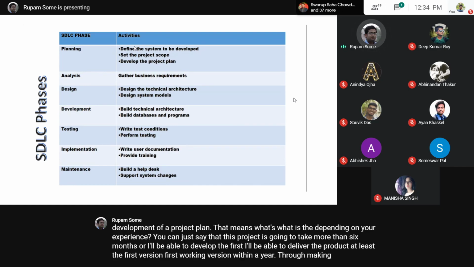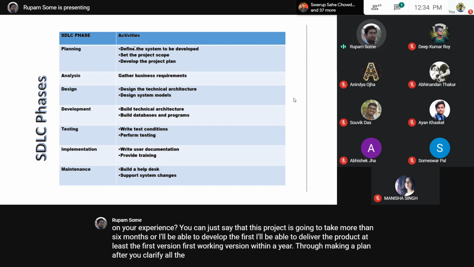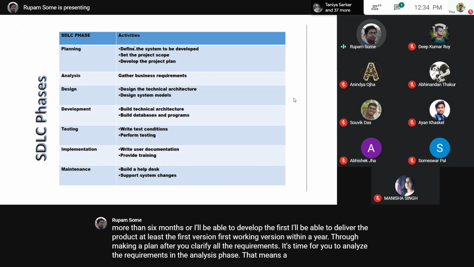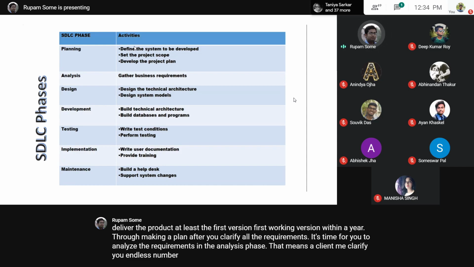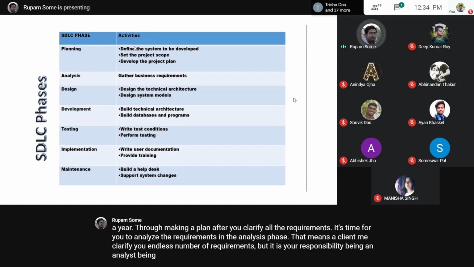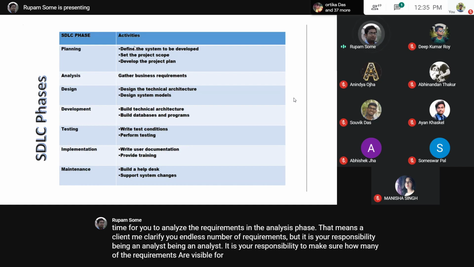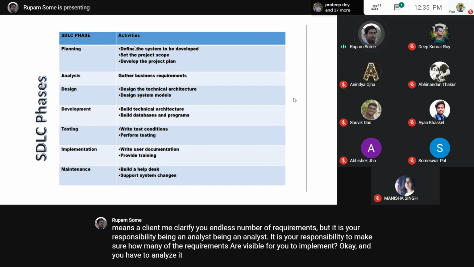After you clarify all the requirements, it's time to analyze them in the analysis phase. A client may give you an endless number of requirements, but it is your responsibility, being an analyst, to make sure how many of the requirements are feasible for you to implement. You'd have to jot down the exact requirements on which you'll be working in future.